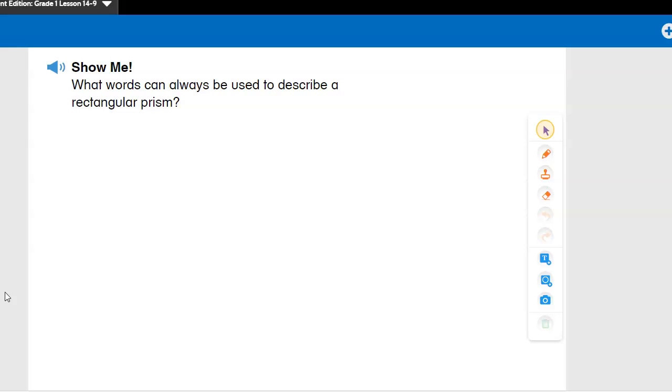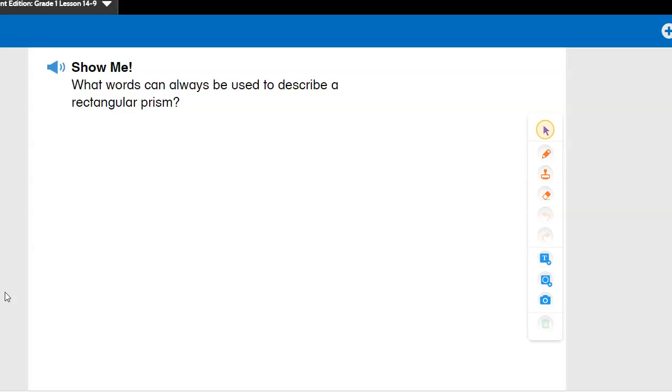So a rectangular prism. I know a rectangular prism is a 3-dimensional or 3D shape, but what are some characteristics about it? Can you name anything about a rectangular prism that can always be used to describe it? Let's think about how many sides and faces a rectangular prism has.